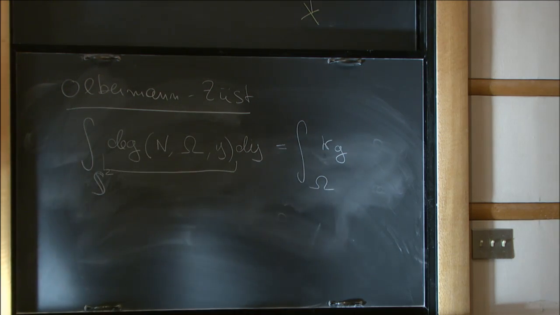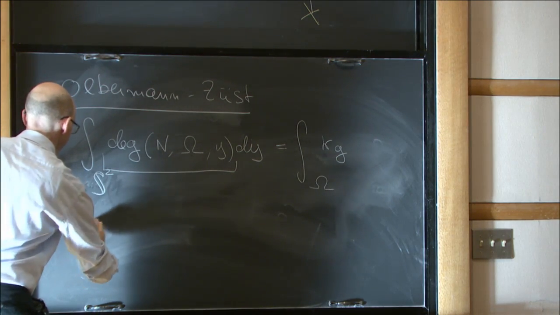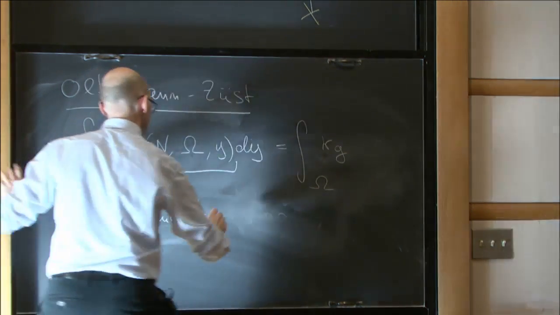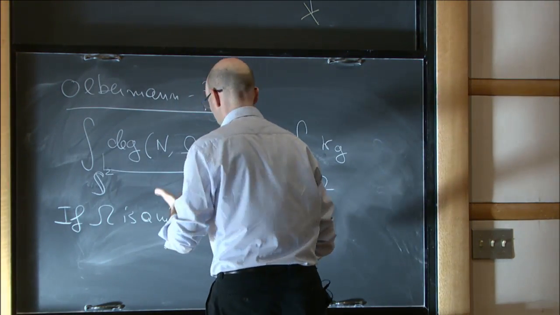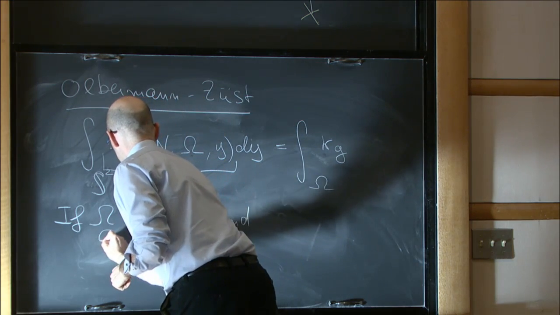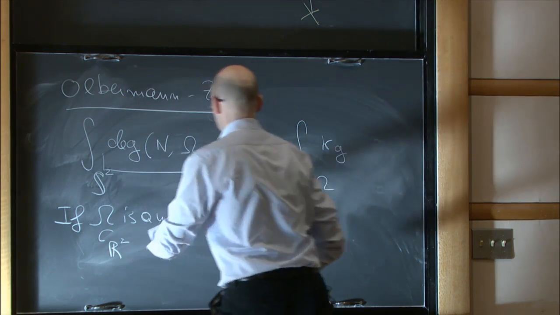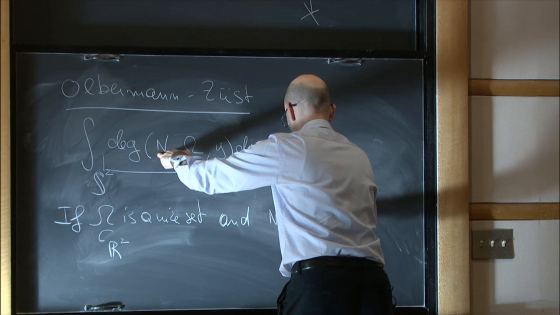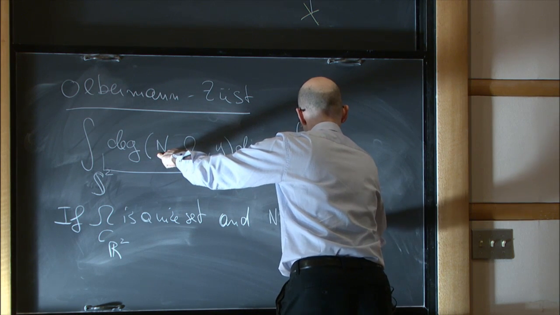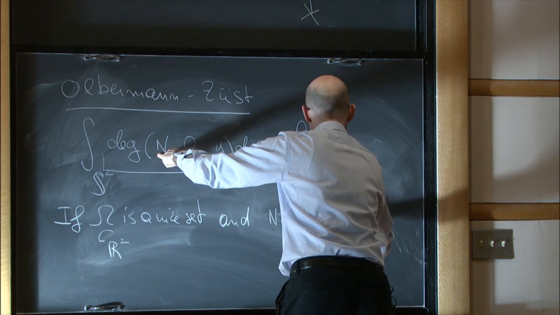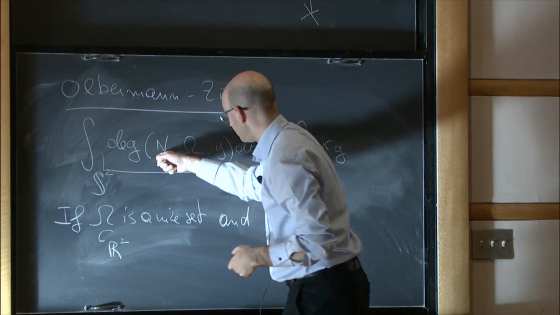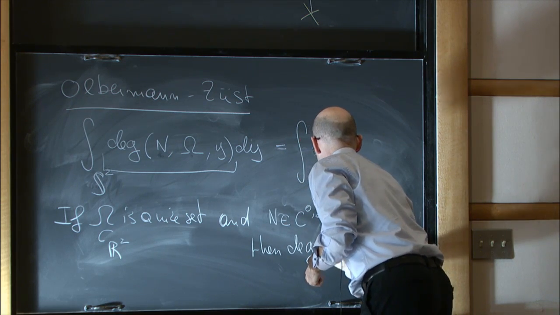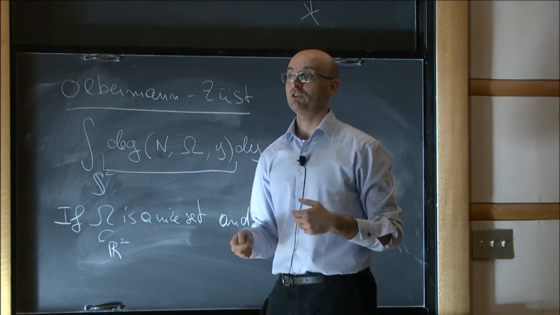Now, what is funny is if omega is a nice set in two dimensions, and this n, which is the Gauss map, so it's kind of the derivative of the function, is C^{0,1/2+something}, then the Brouwer degree is actually in L1, which means I can actually make sense of this integral.